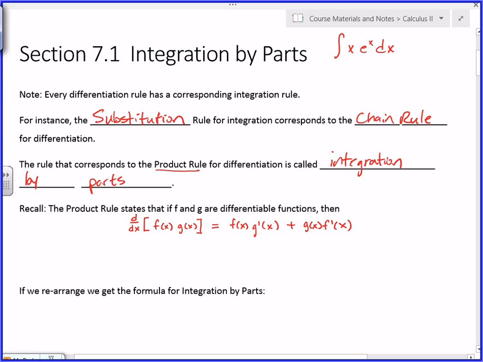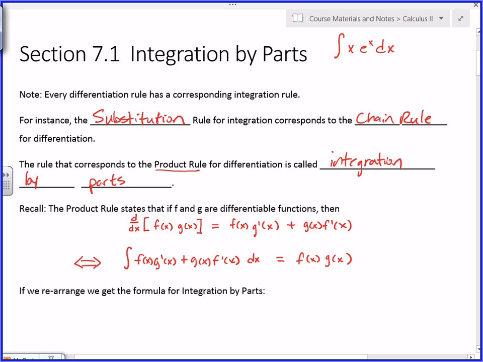Which would then be equivalent to an integration formula, right? Because if I know that the derivative of fg is this thing on the right-hand side, then the integral of the thing on the right-hand side is fg. The integral of f of x g prime of x, plus g of x f prime of x, dx, would equal f of x g of x.